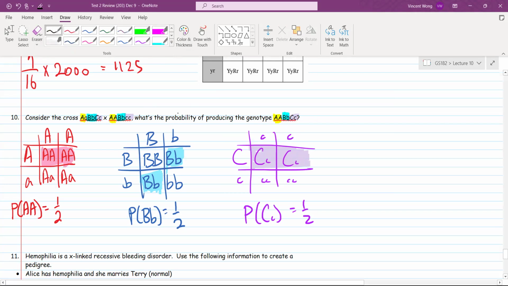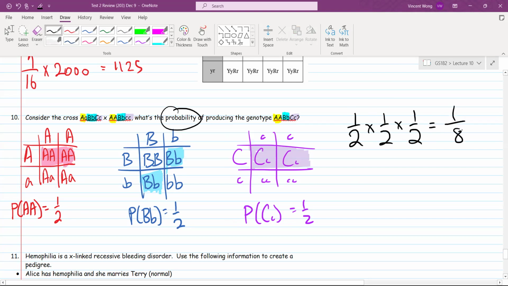So what's the probability? Okay, so I have 3 probabilities here. 1 over 2, 1 over 2, 1 over 2. Remember I told you in class, if you're in doubt and you're not sure whether to add or multiply, multiply is your best bet. Okay, and that's how you do it. To find the combined probability, you multiply the individual probability.